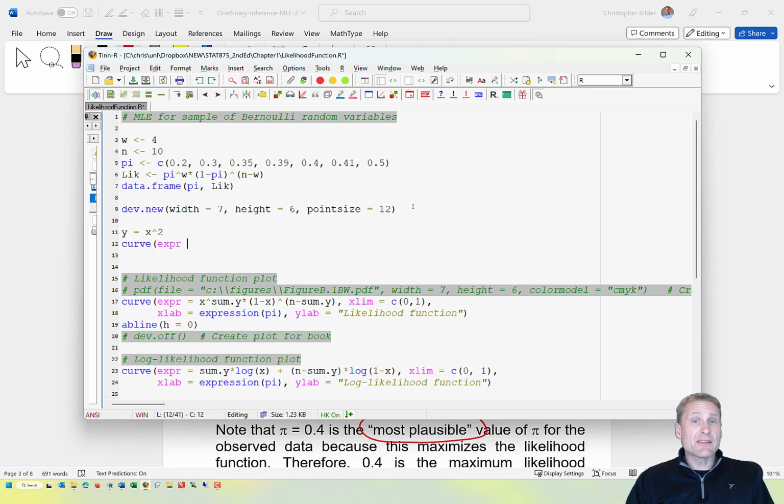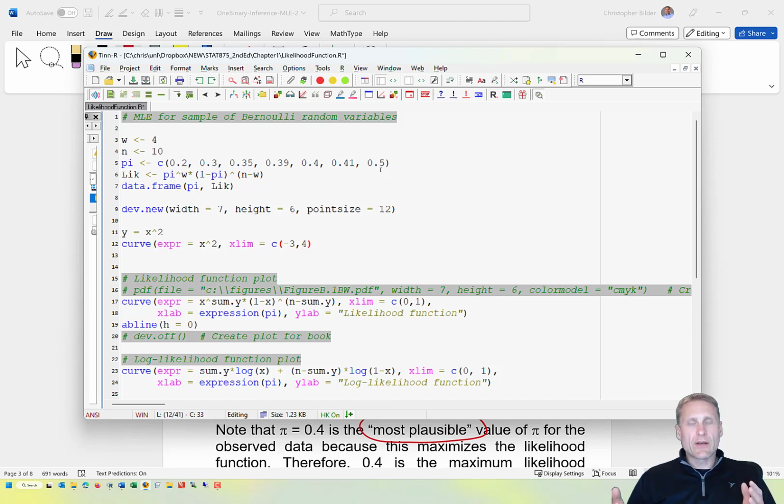EXPR is an argument that stands for expression. What's my mathematical expression I want to plot? I want to plot x squared. Okay? And on what values do I want to plot it? Let's say from -3 to 4.